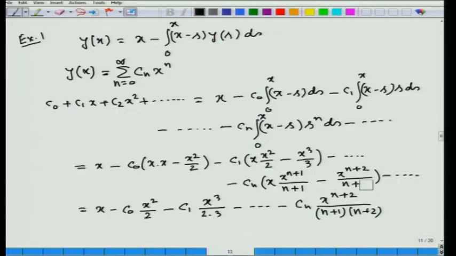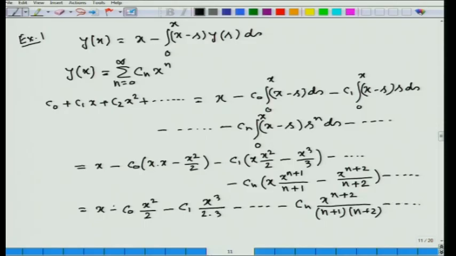I am sorry, here it will be n plus 2. So, the term after C 1, it is clearly minus C 2 x to the power 4 divided by 3 into 4 and so on minus dot dot.